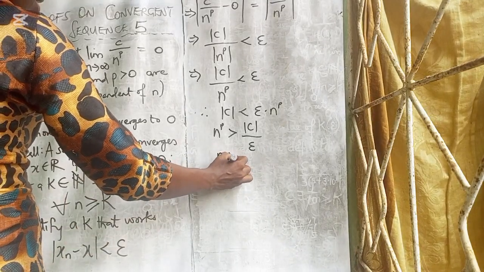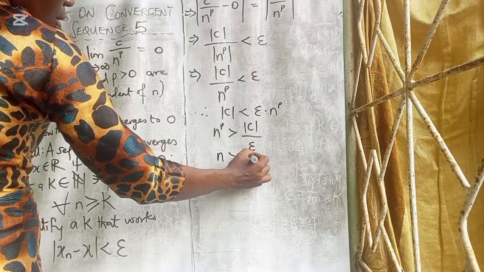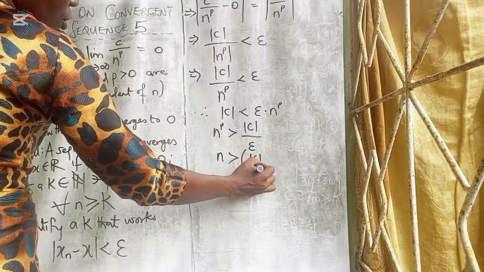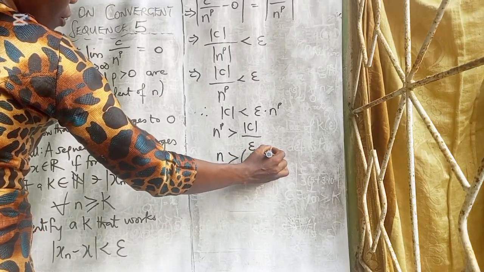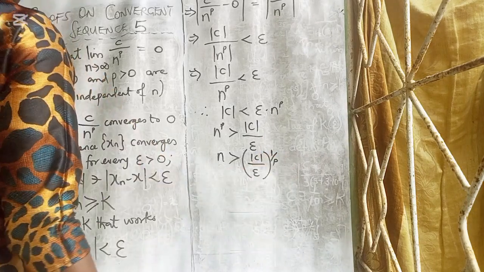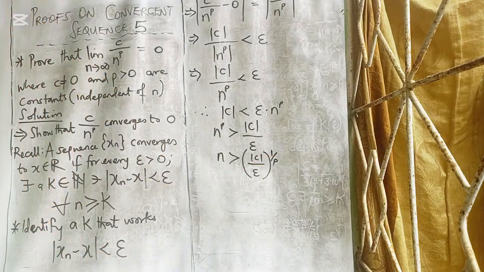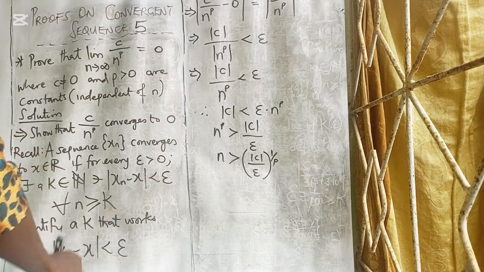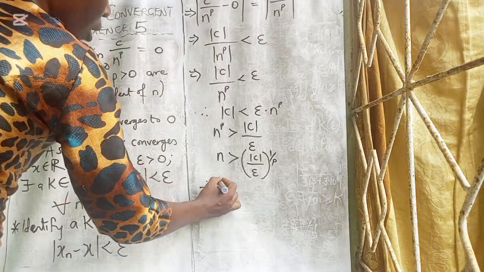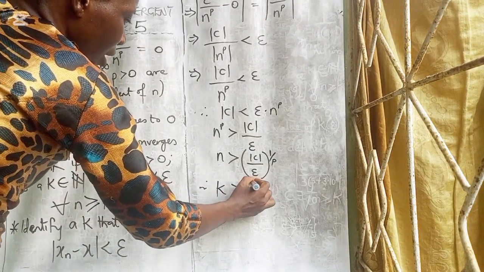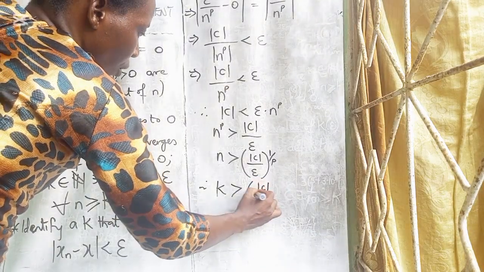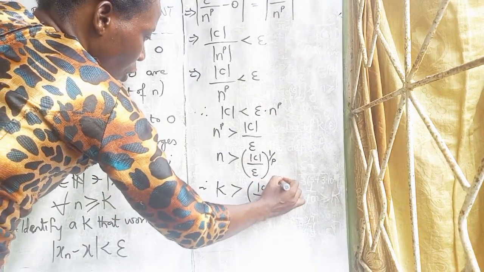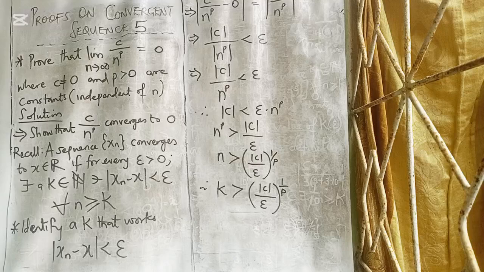Therefore, our n is greater than the absolute value of c over epsilon all raised power 1 over p. And if that is the case, remember our n is greater than or equal to k. Therefore, our k also will be greater than the absolute value of c over epsilon all raised power 1 over p.